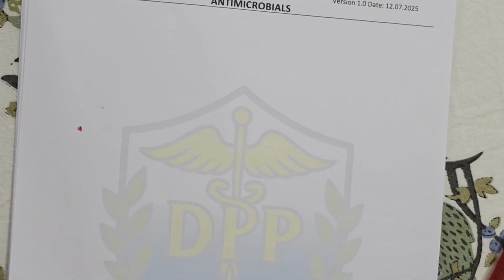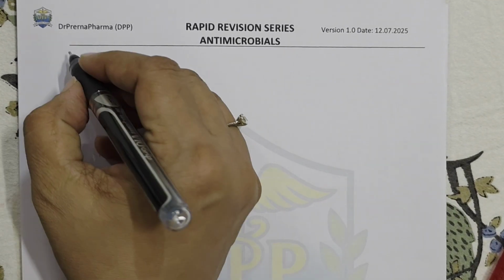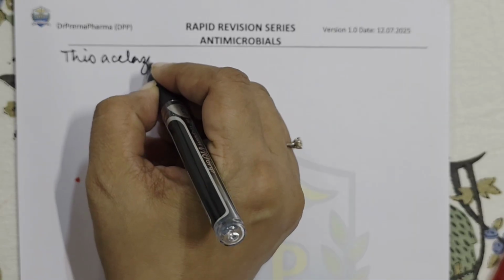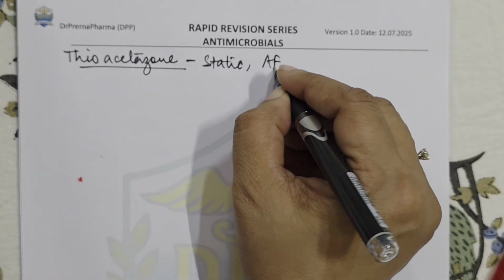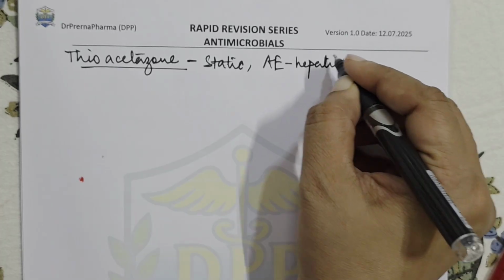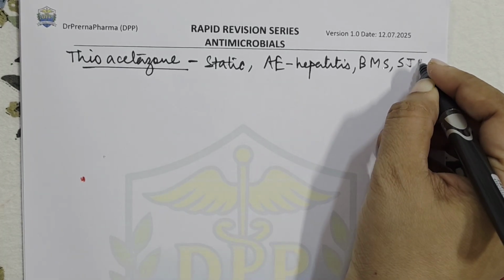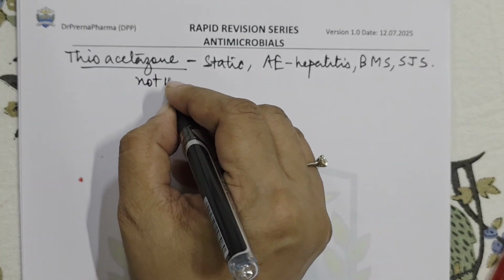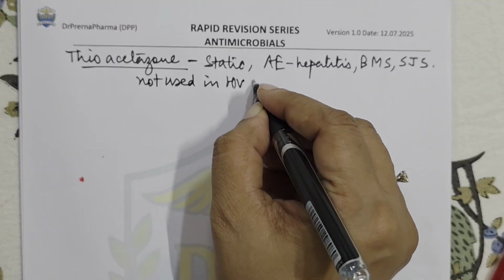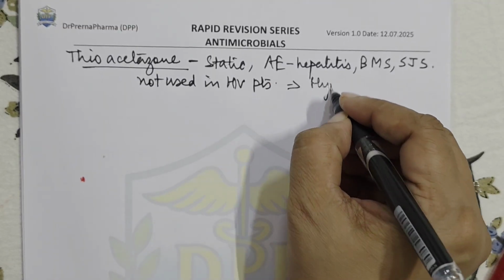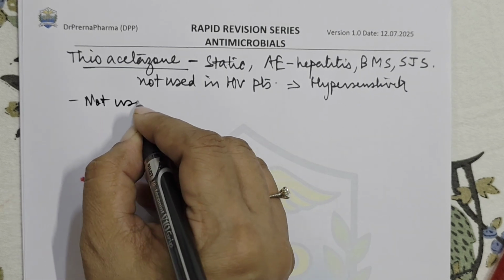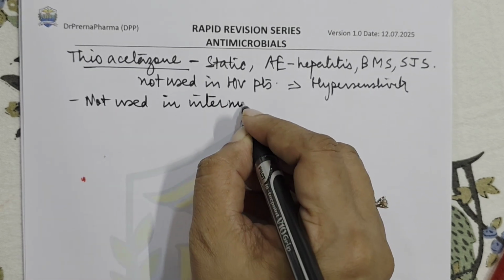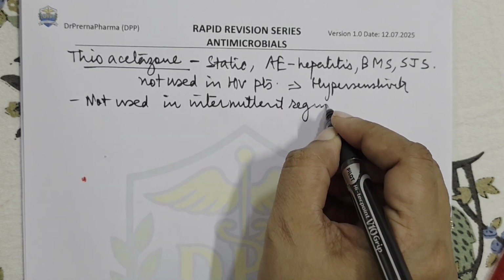Some other drugs now, this is thioacetazone. Now thioacetazone is a tuberculostatic drug. Adverse effects include hepatitis, bone marrow suppression and Stevens-Johnson syndrome, right? So it is not used in HIV positive patients due to risk of severe hypersensitivity. Okay? Then it is not used in intermittent regimen.